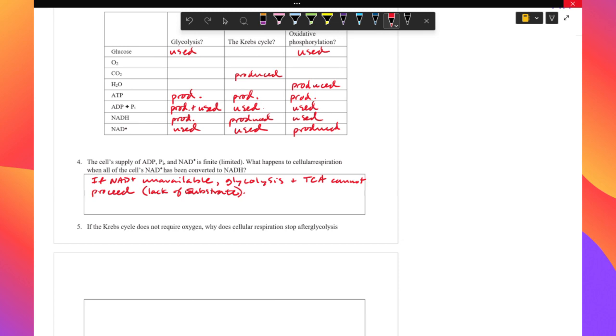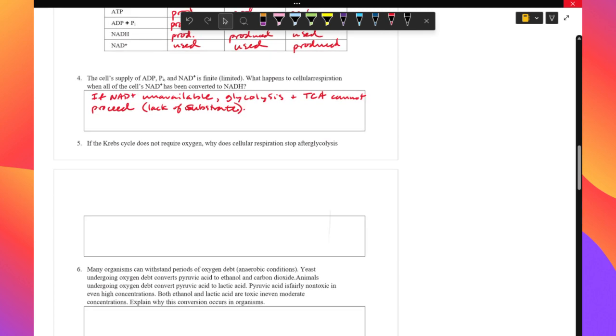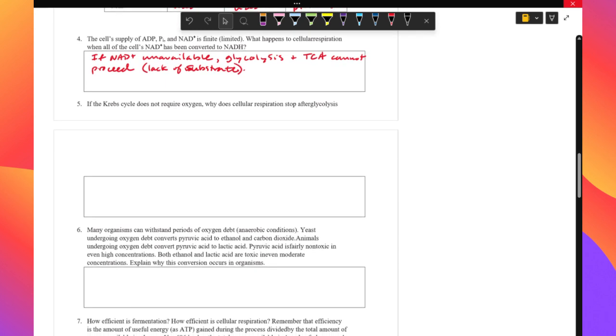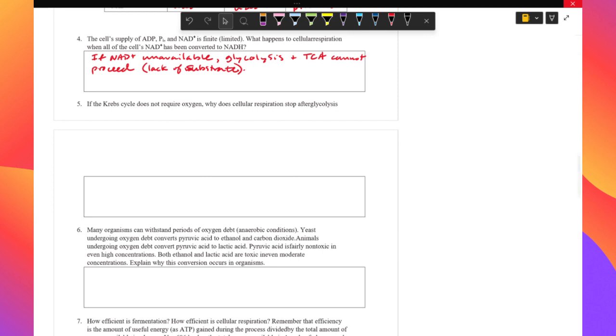If the Krebs cycle does not require oxygen, why does cellular respiration stop after glycolysis when no oxygen is present? It looks like part of this question might have been cropped out, which is frustrating, but we will do our best.